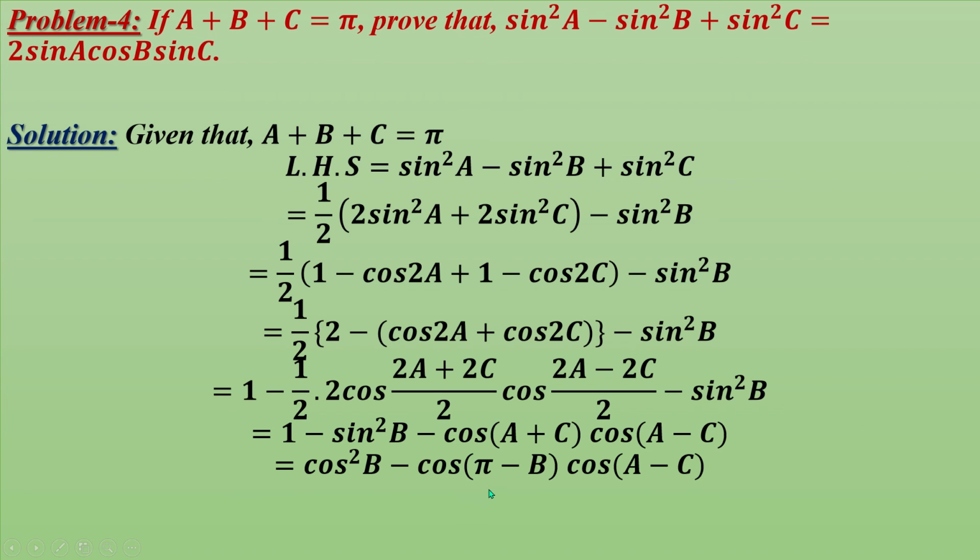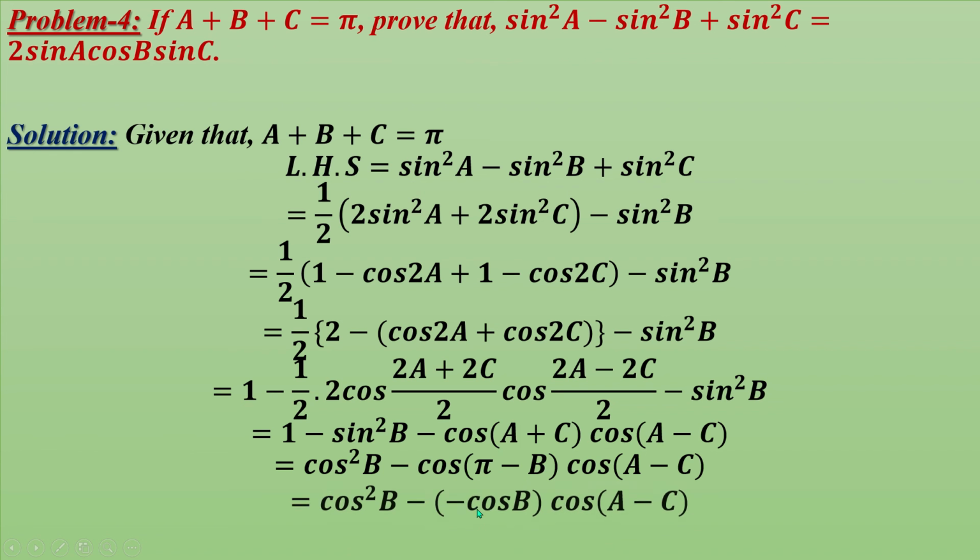Clear? Now cos (pi minus B) means minus cos B, because pi minus B is in the second quadrant, and in the second quadrant cos is negative, so here will be minus cos B. As a result, minus minus will be plus.